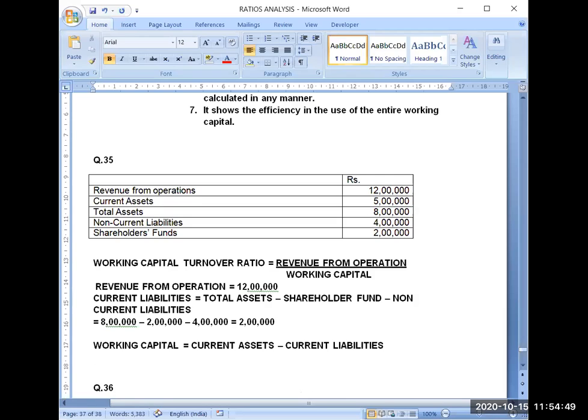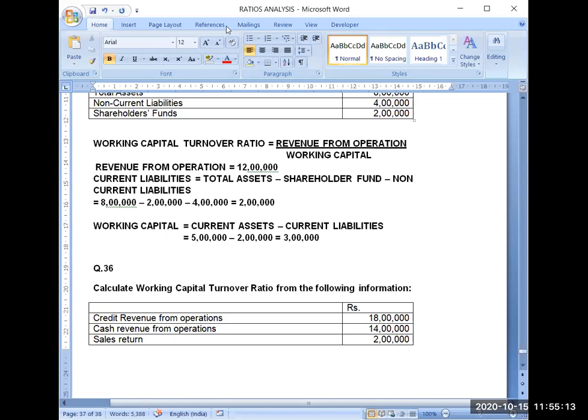So your working capital will be equal to current assets, given 5 lakh, and current liabilities, which we have calculated as 2 lakh. So our working capital will be equal to 3 lakh. Now I will calculate the working capital turnover ratio.